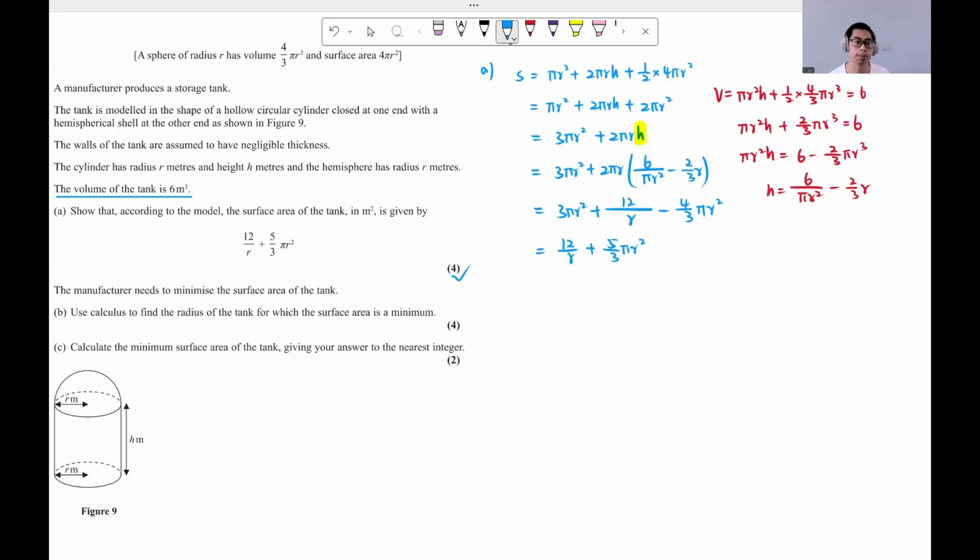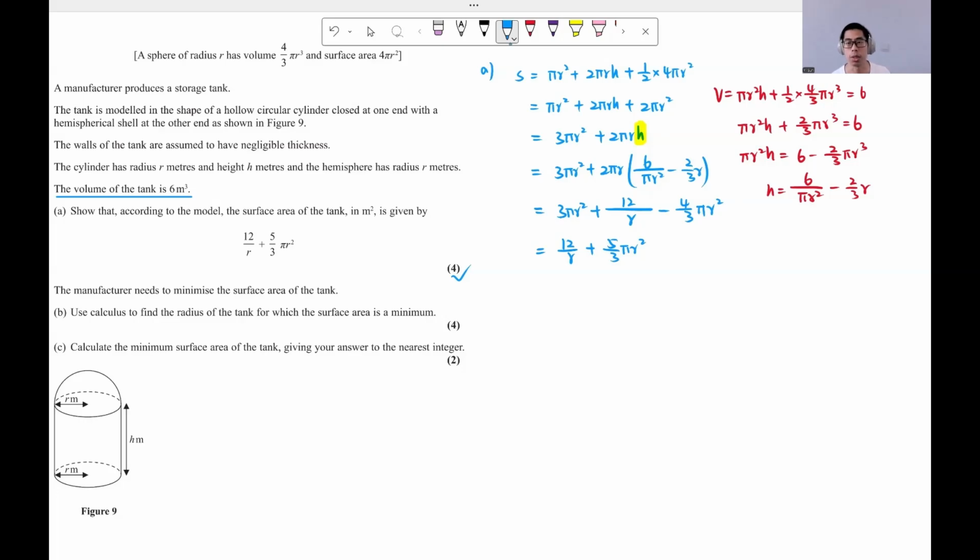So that's 4 marks. Then part B: the manufacturer needs to minimize the surface area of the tank. Use calculus to find the radius of the tank for which the surface area is minimum. Every time it's about maximum or minimum, we do differentiation.